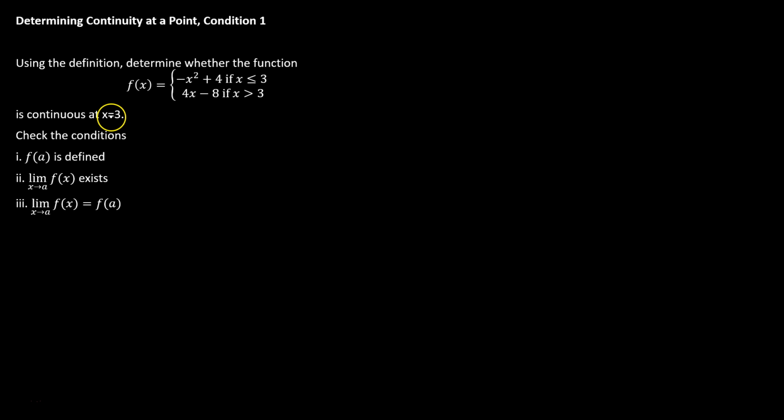The first thing we need to check is, is the function defined at x equals 3? If I try to plug in 3 to my function, let's see what happens. Based on the definition, I'm using a number that is equal to 3, which means I need to use the top definition. So if I plug in 3, I have to use that top one, negative 3x squared plus 4.